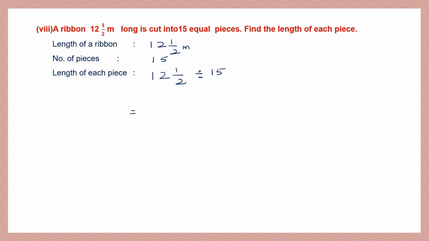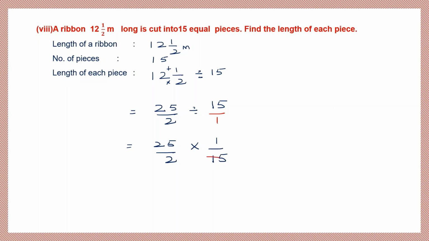First step, conversion. 2 12s are 24 plus 1. That's 25 by 2 divided by 15. So let's give it the denominator 1. So here we now have 25 by 2 remains as it is. Division changes to multiplication. 15 by 1 becomes 1 by 15. Now we can cancel 15 and 25 both by 5.